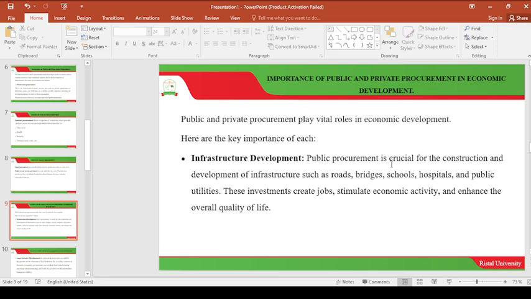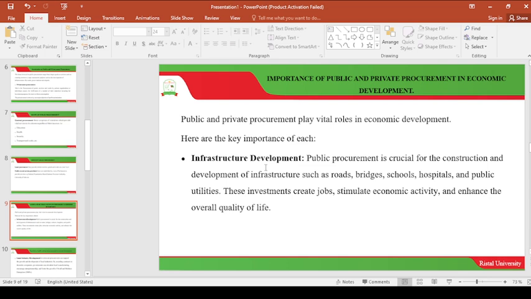Yes, we can look at the importance of public and private procurement in economic development. Public and private procurement plays vital roles in economic development, and these are some of the importance.